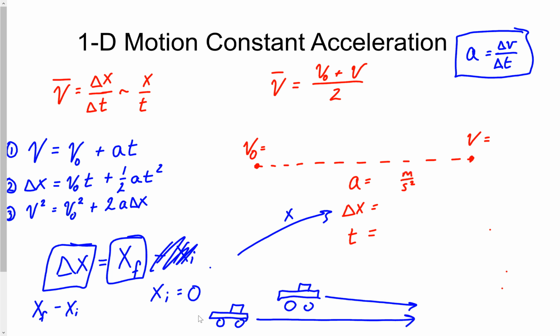In this problem, you'll usually need this, because one of these two objects is going to have an x initial other than 0. But what's cool is they'll both have the same x final. I'll do one of those for an example.